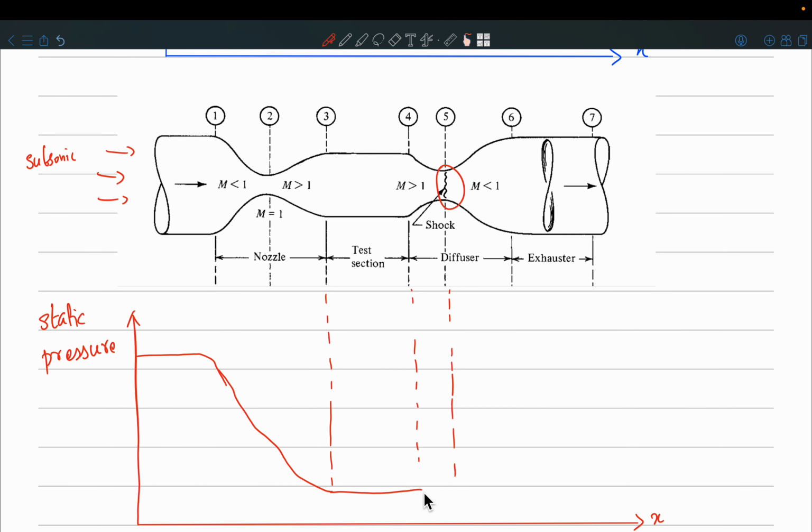So the static pressure is going to increase, and then you have a shock. So there is going to be a sudden increase in the static pressure, and then it is going to increase further because the flow has become subsonic, but now we have a diverging section. So again the static pressure is going to increase, and then it will almost remain constant.